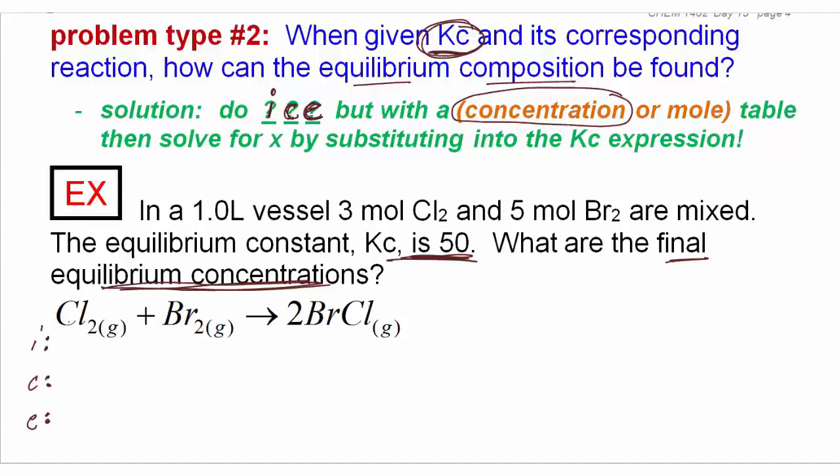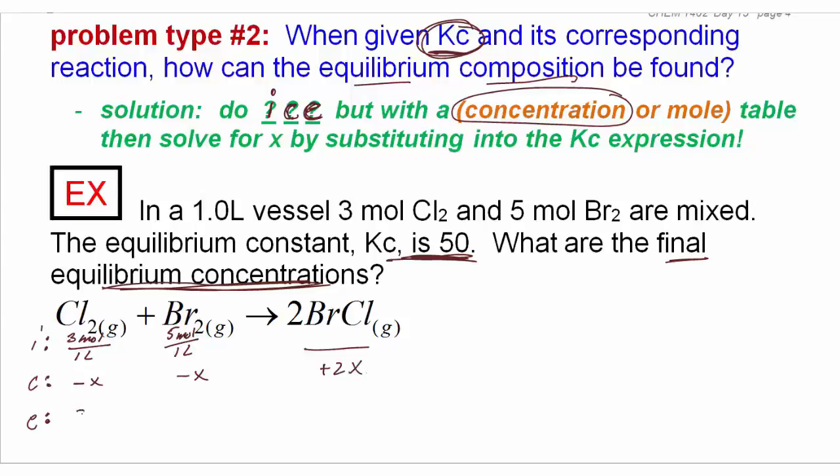So chlorine is 3 moles over 1 liter. Bromine is 5 moles over 1 liter. And we don't have any bromine chloride. Changes: minus for reactants, positive for products.